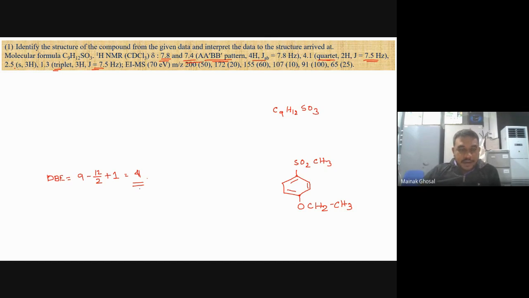Now from this data, first you know this is a para substituted compound. Yes, it's correct. And you will see the values are 7.8 and 7.4.